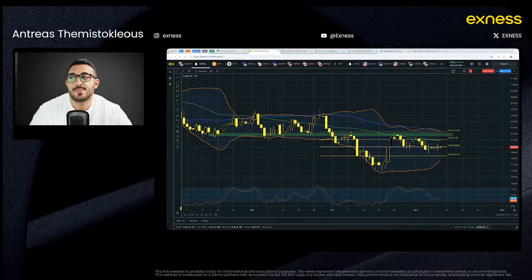By the way, these probabilities shift by the day. For example, now we have the government shutdown and we don't get inflation data, right? But when we do get the inflation data, then these probabilities will shift.